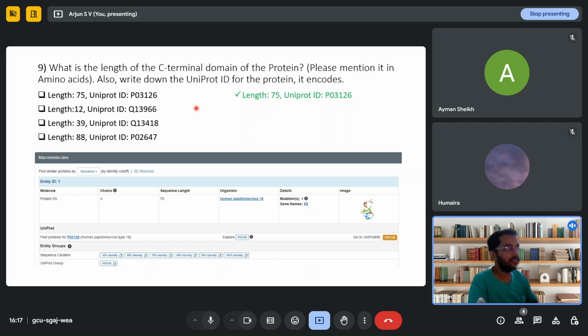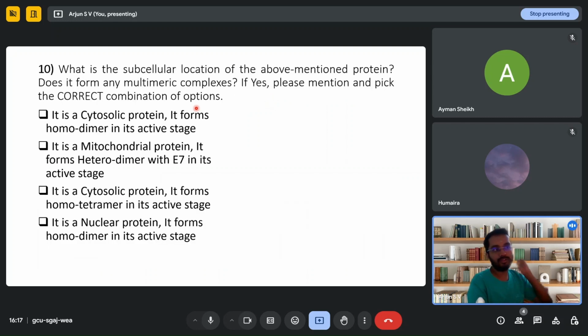Is everyone clear with this? Okay, then I'll go on to the next question, the last question of week 7's assignments. What is the subcellular location of the above mentioned protein? Does it form any multimeric complexes? If yes, please mention and pick the correct combination of options.